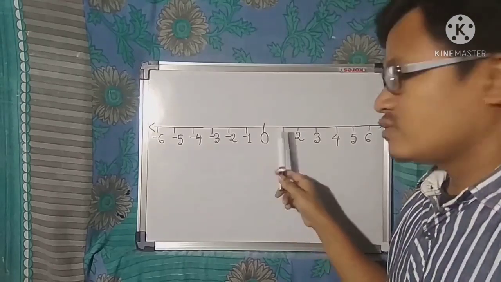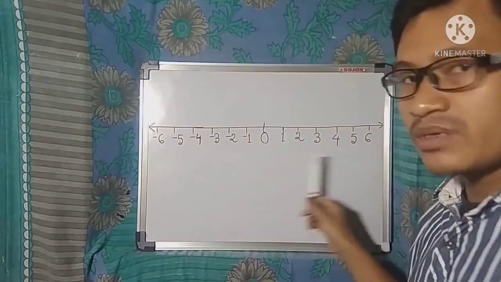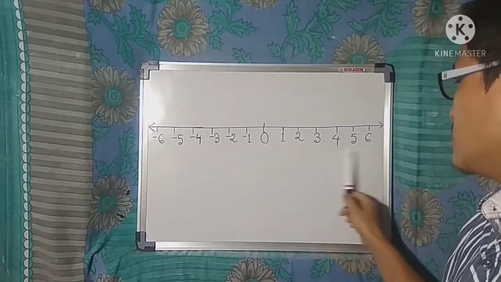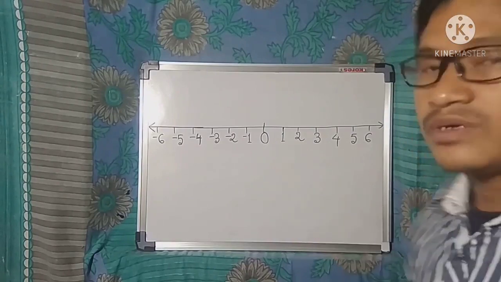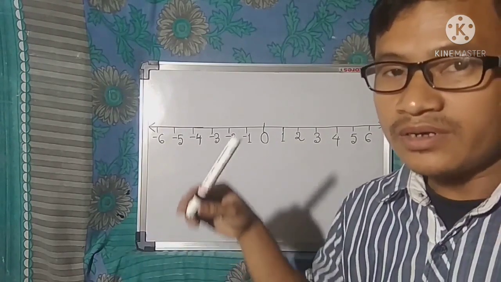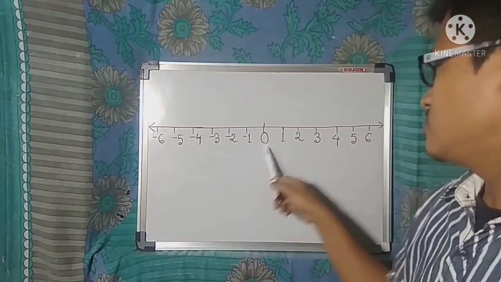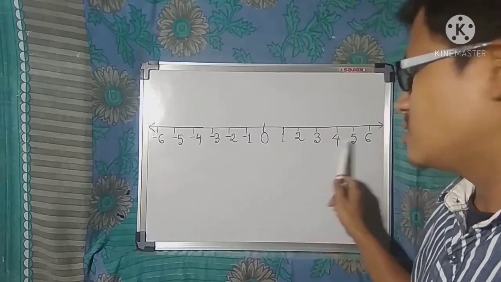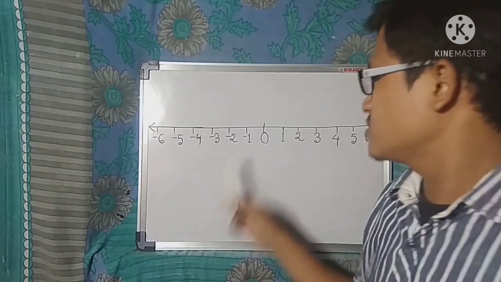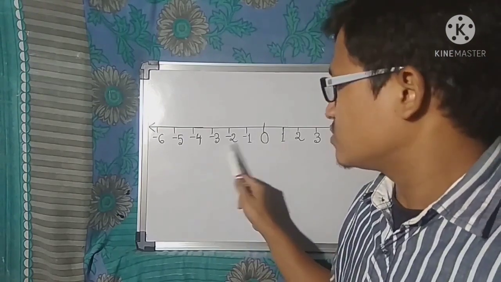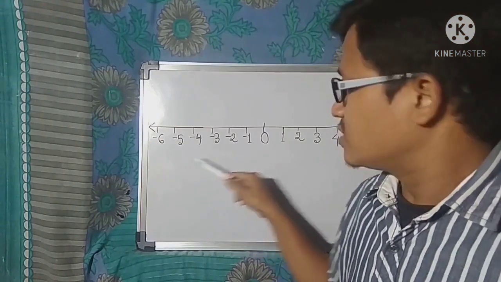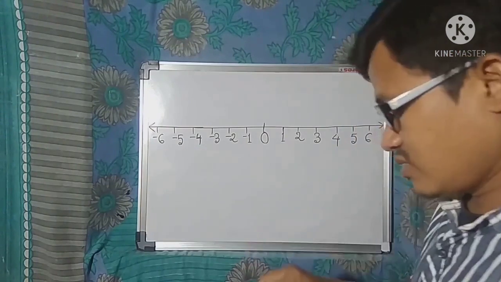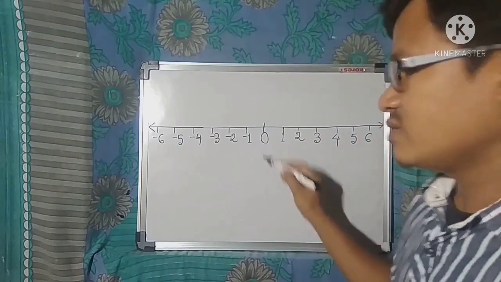If we move towards the right side of 0, the positive integers become gradually larger, whereas towards the left side of 0, the negative integers gradually become smaller. This is the difference.